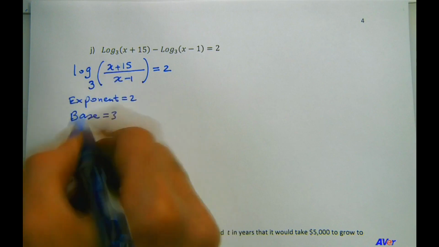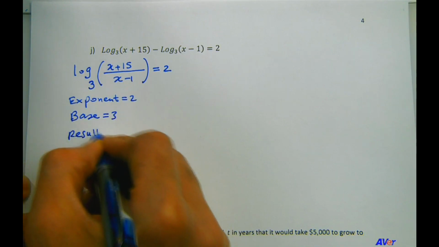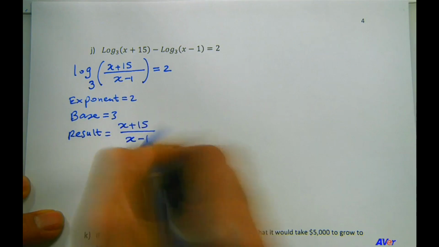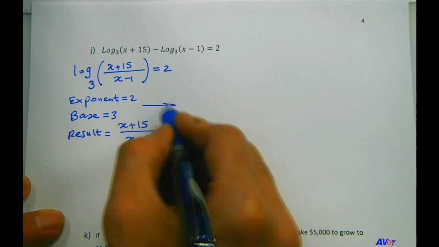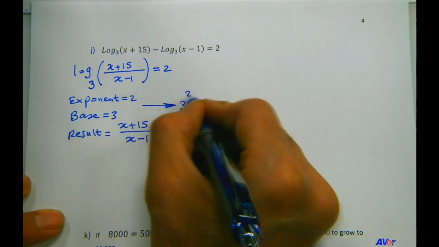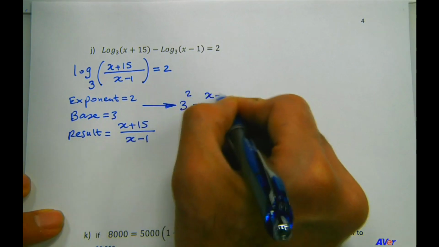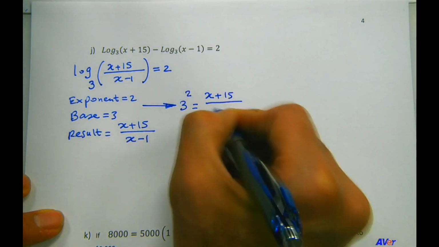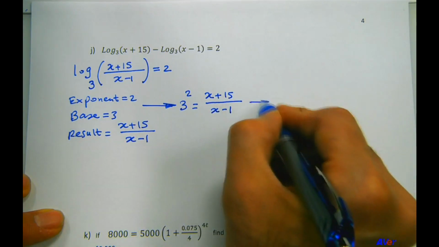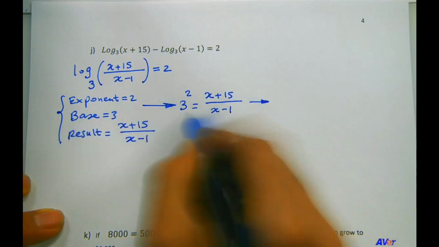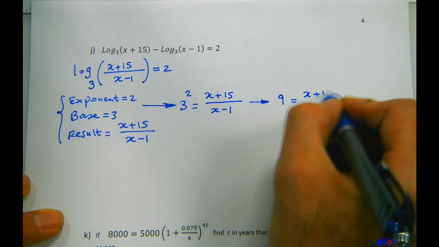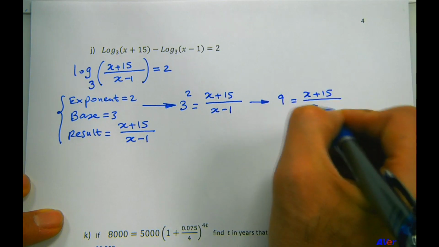What is the result? Now put them together. You have this base to that exponent equaling this result. Right? This is clearly 9. So we have 9 equals x plus 15 divided by x minus 1.